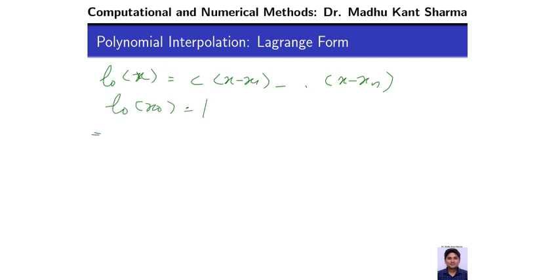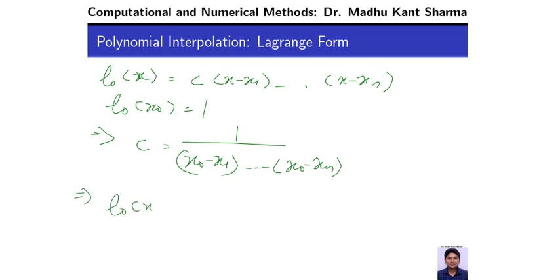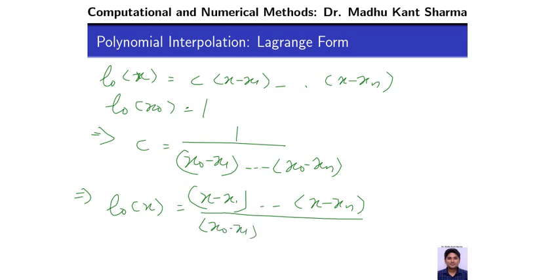This implies c is equal to 1 upon (x0 minus x1) and so on up to (x0 minus xn) in the product. So therefore, L0 of x is equal to (x minus x1) to (x minus xn) divided by (x0 minus x1) to (x0 minus xn).